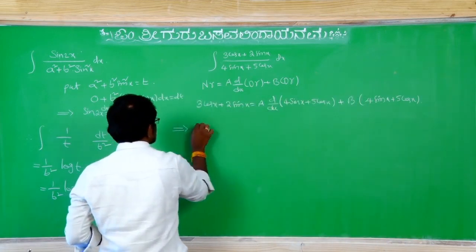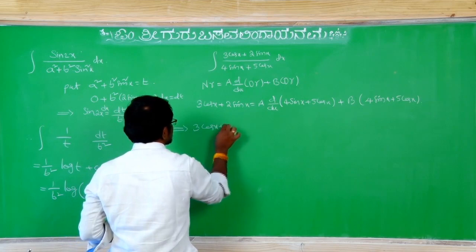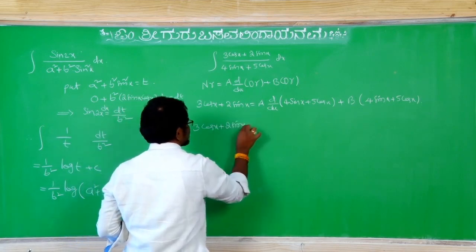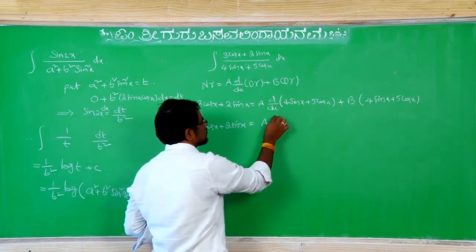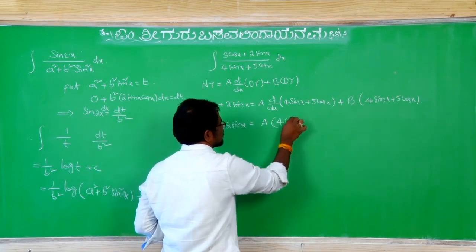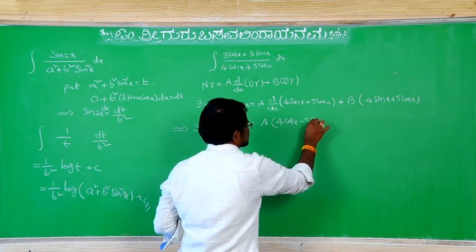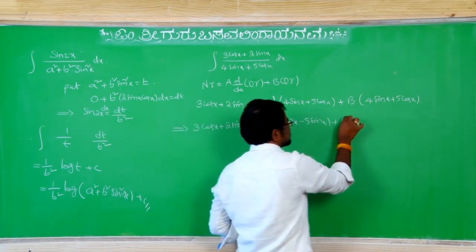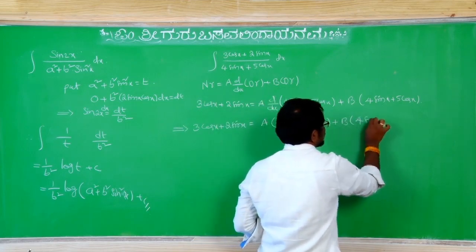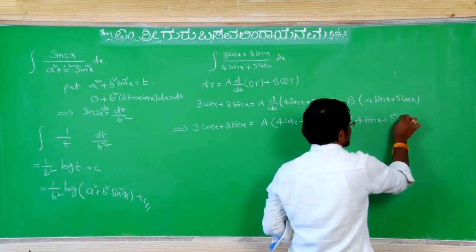That implies 3 cos x plus 2 sin x equal to a into the derivative of the denominator, which is 4 cos x minus 5 sin x, plus b into 4 sin x plus 5 cos x.